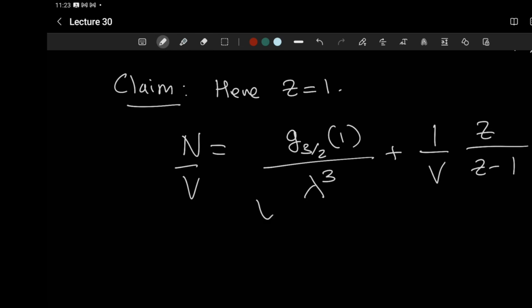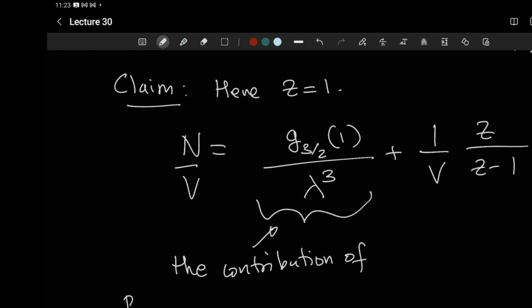So this is identified with the contribution of particles with p not equal to 0, not the ground state.